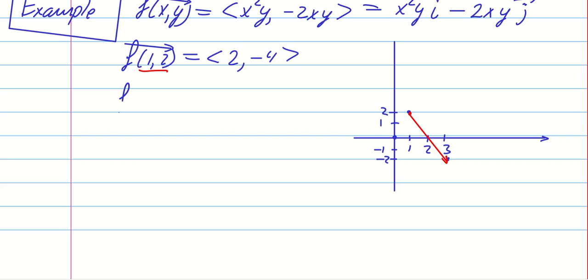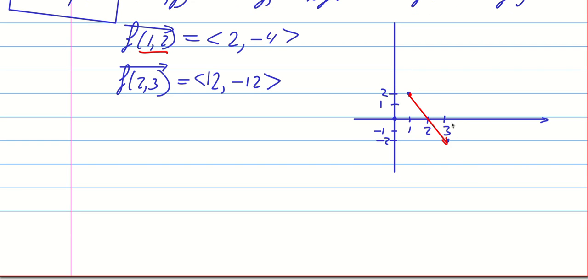So what would be the vector at 2, 3? At 2, 3, let's do that. 2 squared is 4, 4 times 3 is 12. So we're going to get 12. And if we plug in 2 and 3 over here, 2 times 3 is 6, times 2 is negative 12. So it will go 12 units to the right, so we probably will not be able to fit it in. So it goes 4, 5, 6, 7, 8, 9, 10, 11, 12.